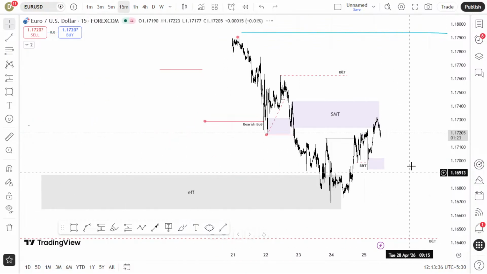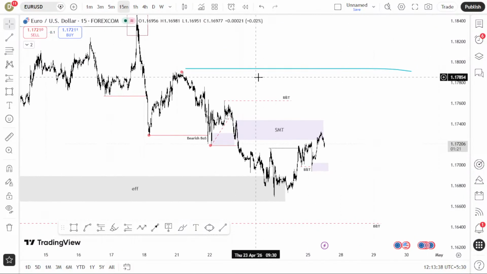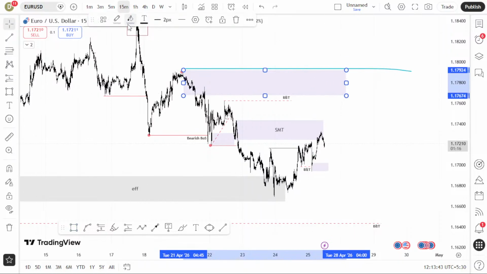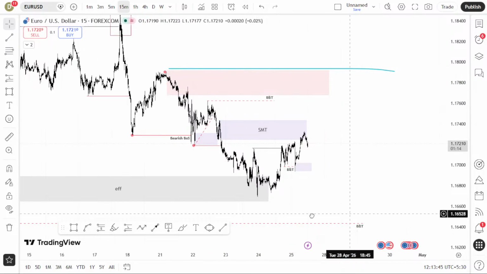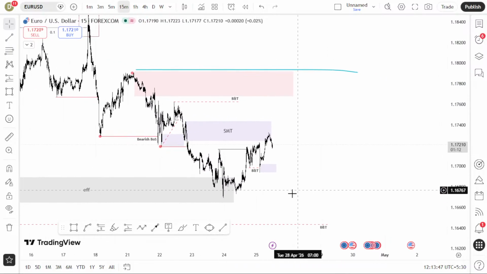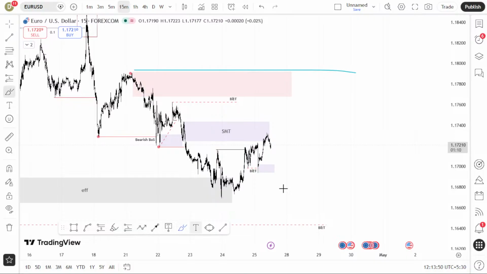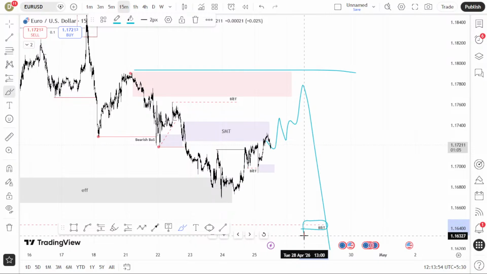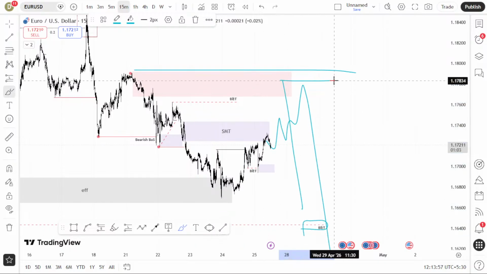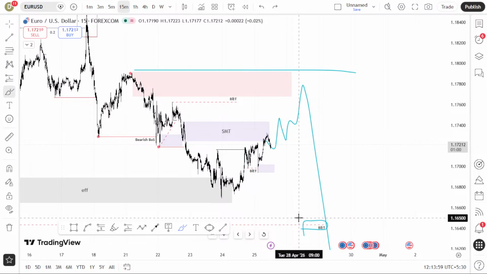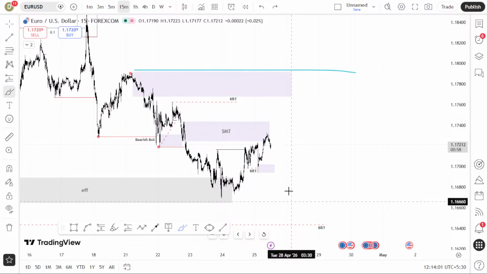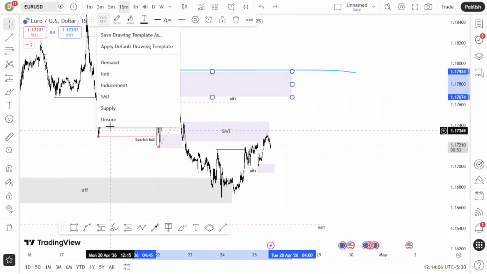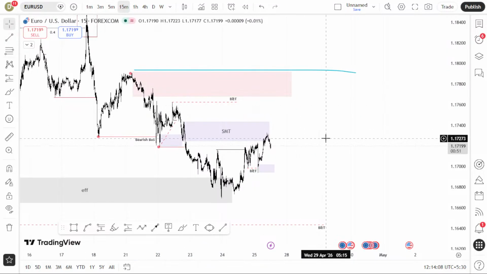So I am hoping price would move to the downside, mitigating this area and targeting this one. I think this is the play that I am hoping for this week. Price would move to the downside, taking this area, collecting liquidity from these upper regions.